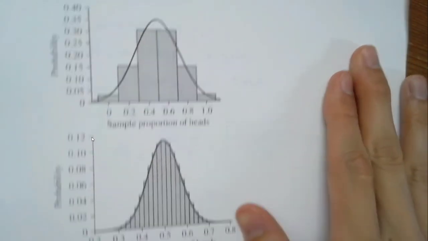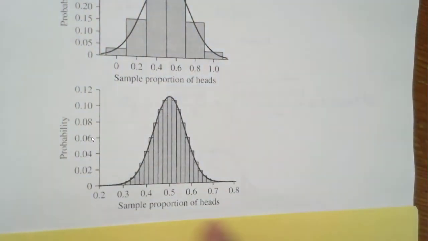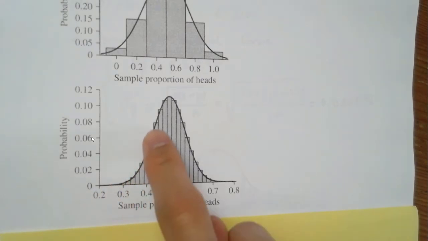And if I increase the sample size, then the histogram approaches this normal distribution more and more.